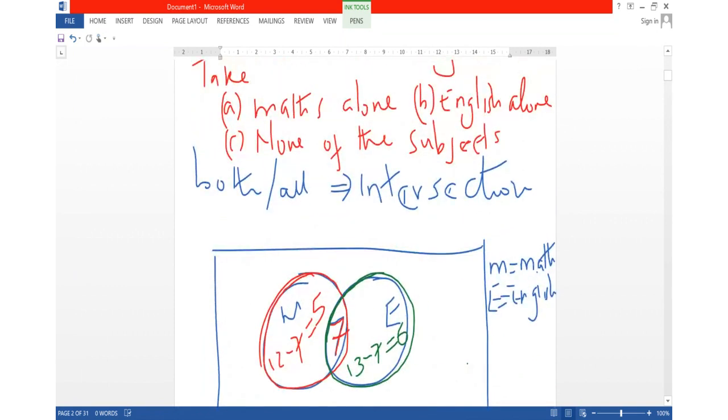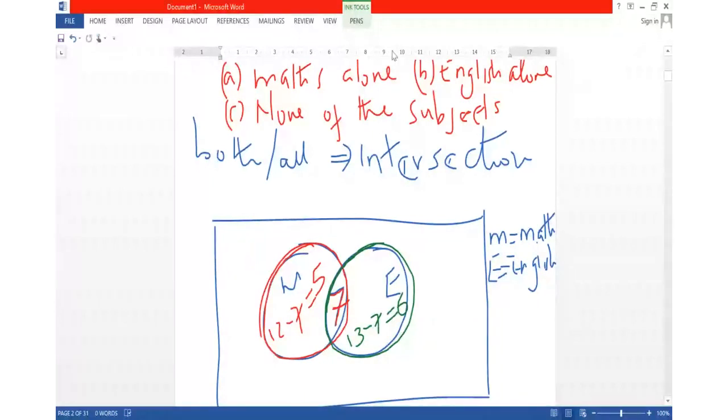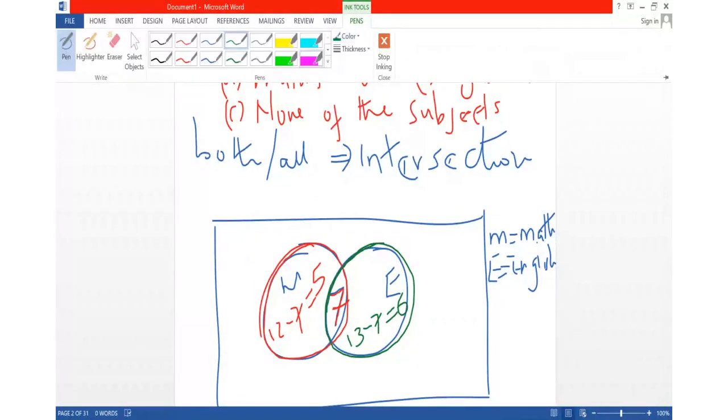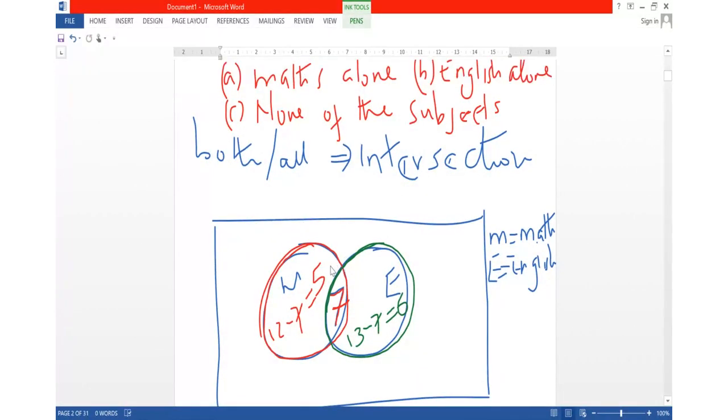Now let's add up these numbers. Let me mark these ones in yellow. We have this 5 here, this 7 here, and this 6 here. When we add 5 plus 7 plus 6, what do we get? That is 12. 12 plus 6 gives 18.